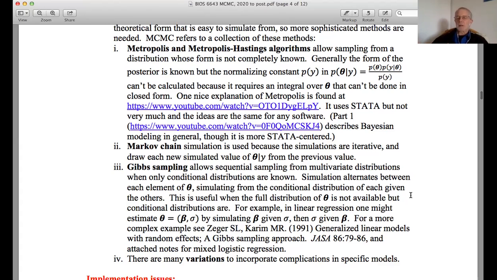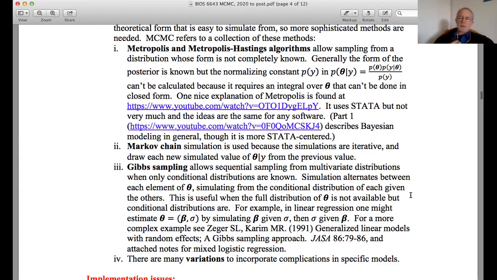Then you get that next one, and it determines the distribution you're simulating the next one from. So you're working through one at a time sequentially. And that's why you'll see these time plots or trace plots that we'll be looking at in a few minutes. That's what Markov chain refers to: you're going sequentially, simulation in time.